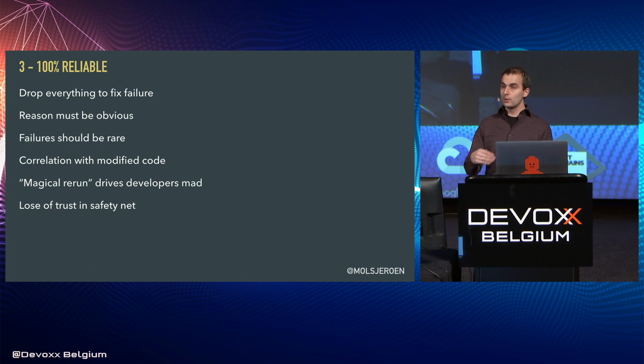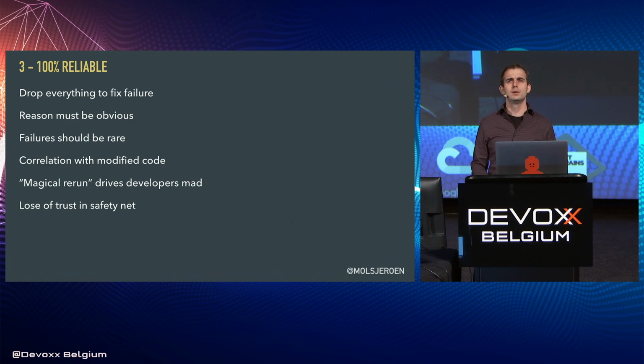But imagine if you go and analyze a build, you don't immediately find a problem, you just look at it for a few hours, you scratch your hair a few hundred times, and then suddenly you don't know what's going on and you just rerun the test and boom, suddenly they pass. That's frustrating, right? Imagine doing that 2 times or 3 times. It's going to drive you nuts. And what that's going to cause you to do is, over time, whenever a build fails, you're not going to care anymore.